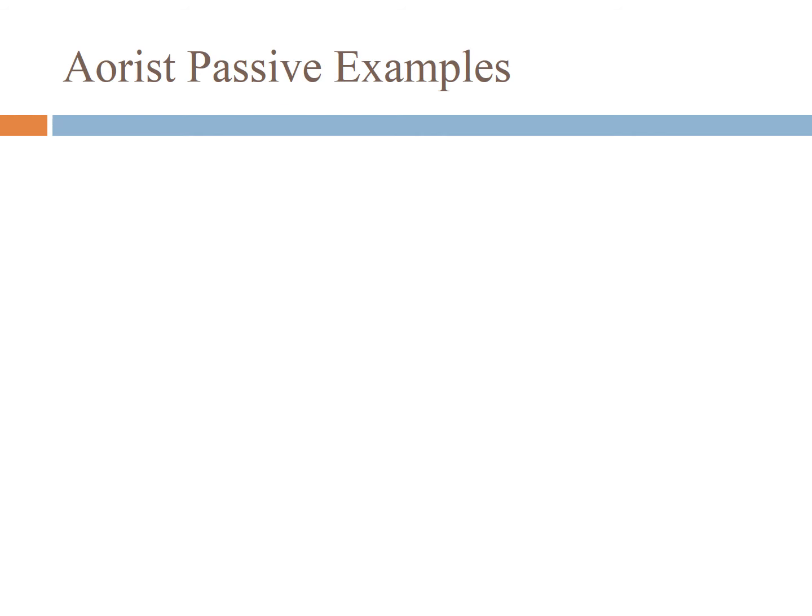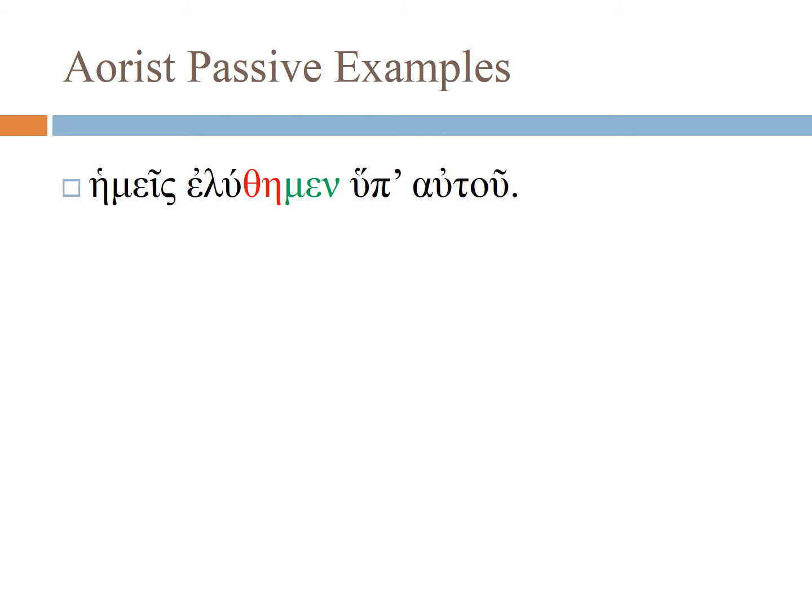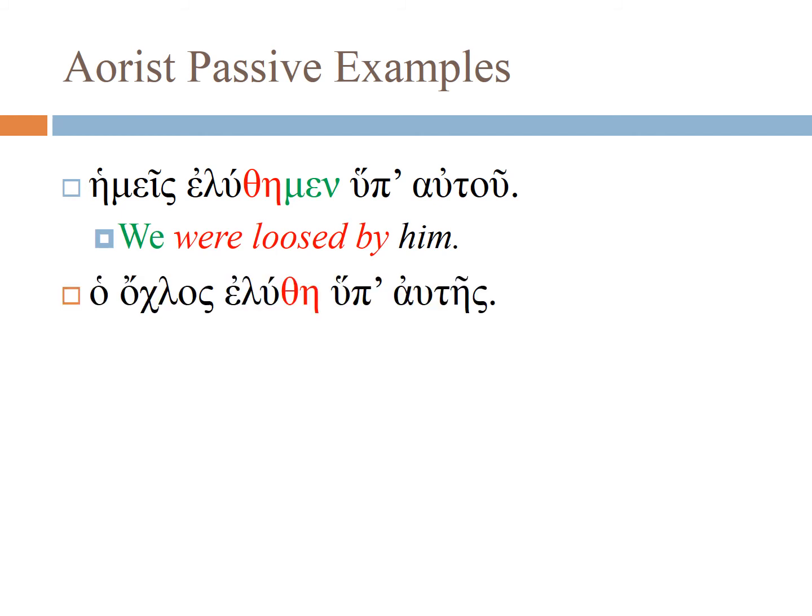Aorist passive examples. Hemeis eluthemen hup' autou. We were loosed by him. Ho ochlos eluthe hup' autes. The crowd was loosed by her.